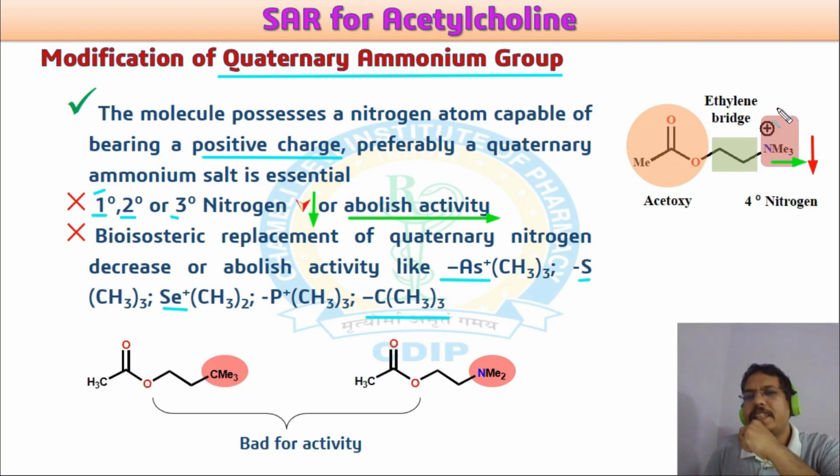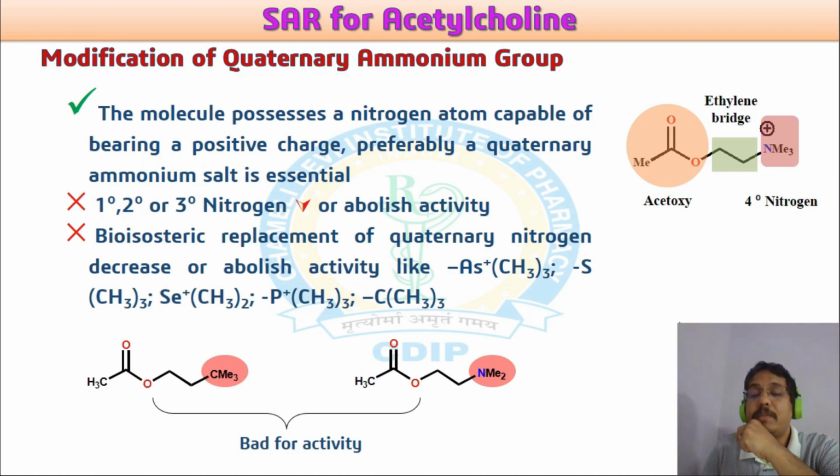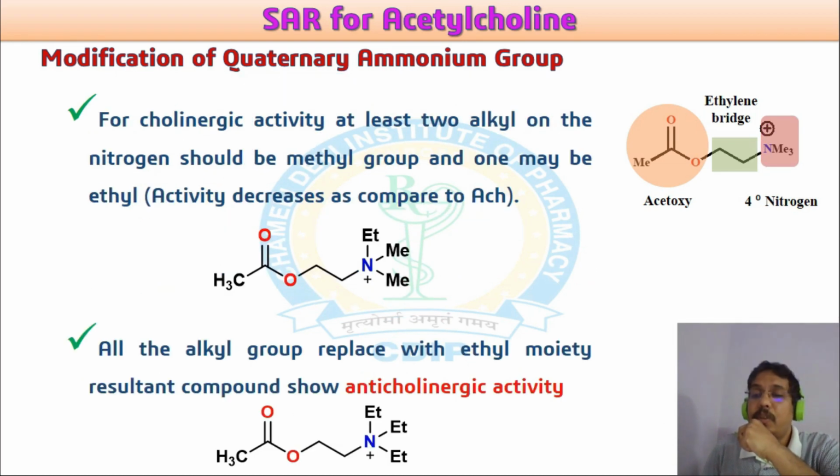So we are unable to play much with this segment, and that segment is kept intact. Now the other area where changes are possible. We already discussed the anticholinergic activity if all the 3 methyls are replaced by means of ethyl.